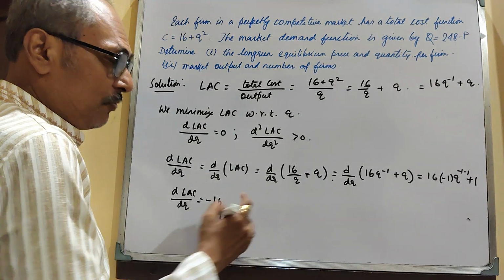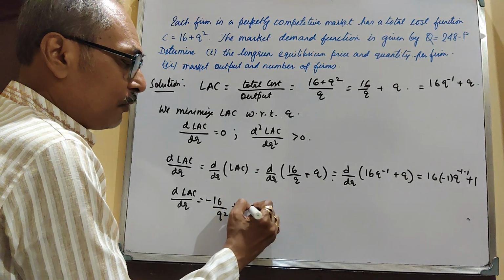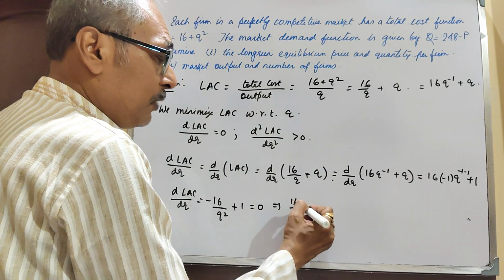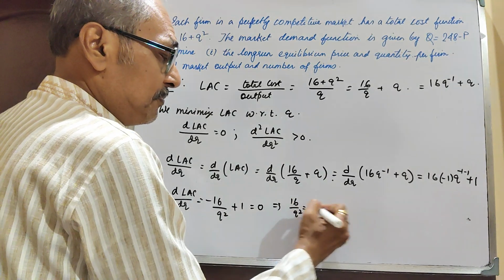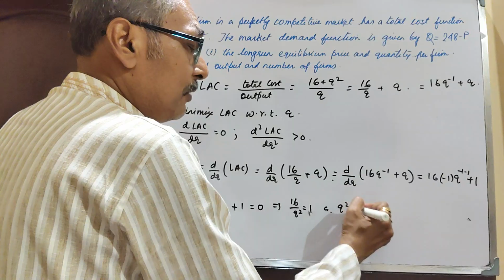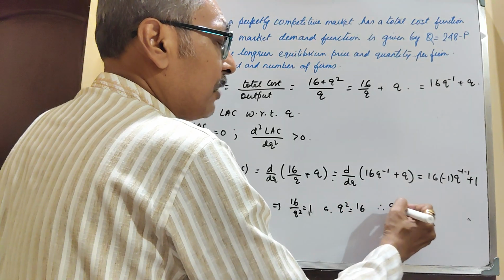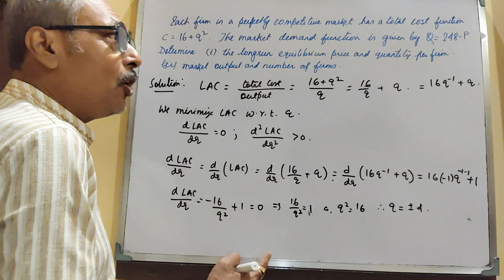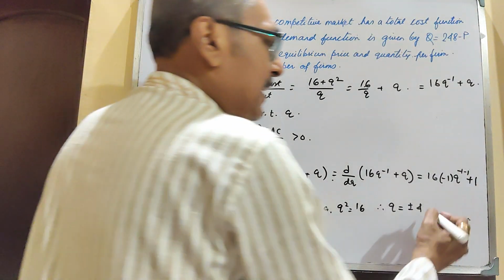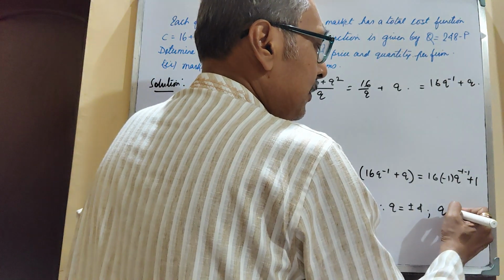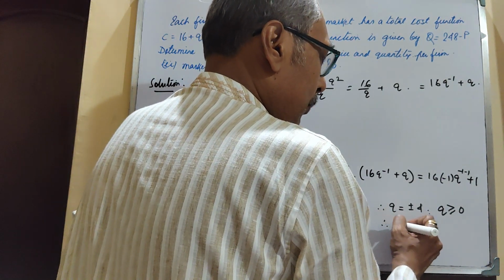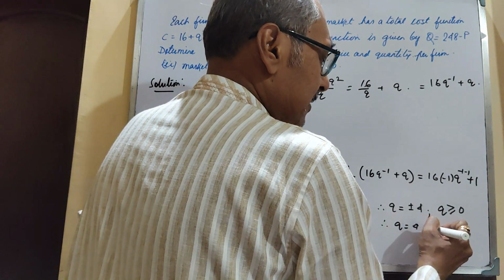Therefore, 16 by q squared equals 1, or q squared equals 16. Therefore, q equals plus or minus 4. Now, q cannot be negative. q is always greater than or equal to 0. Therefore, q equals 4 units.